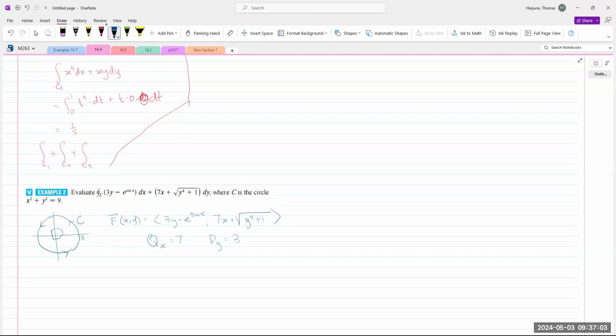Right? So the integral over closed curve C of ⟨3y − e^(sin x), 7x + √(y^4 + 1)⟩ dr.